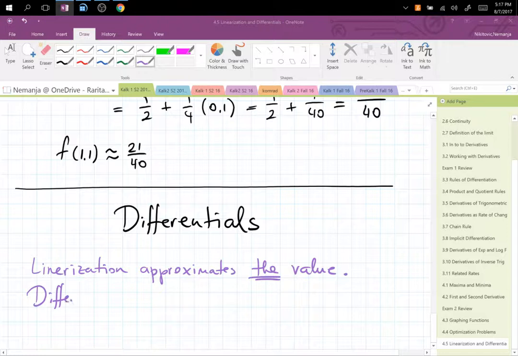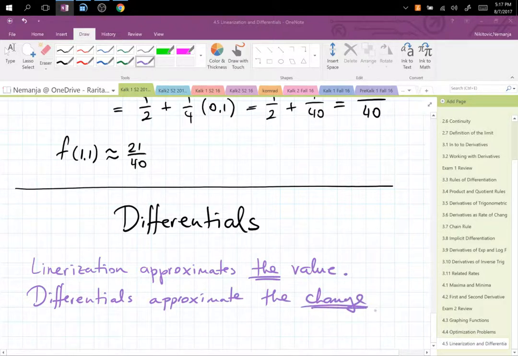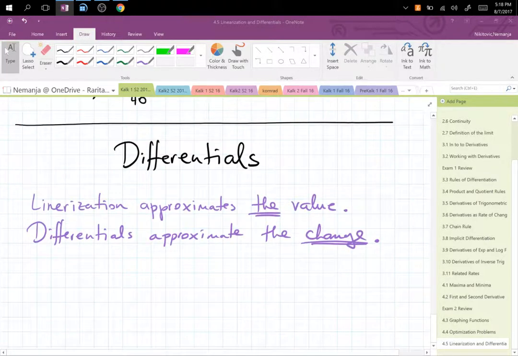Differentials approximate the change. When you say change, you mean the change between the approximation and the actual value? No, the change in value as input goes from one number to another. So I'll give you the example.